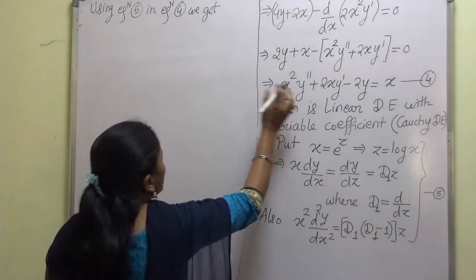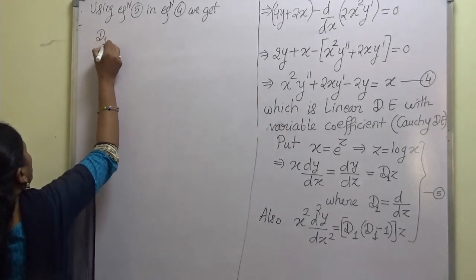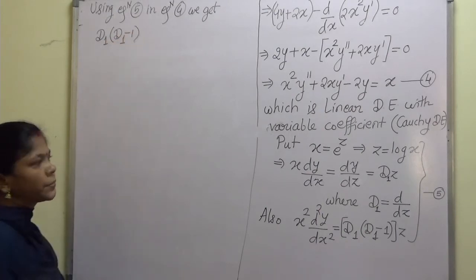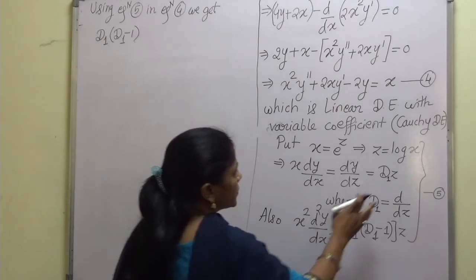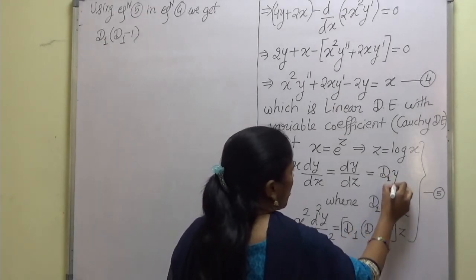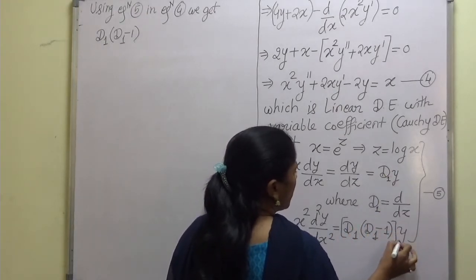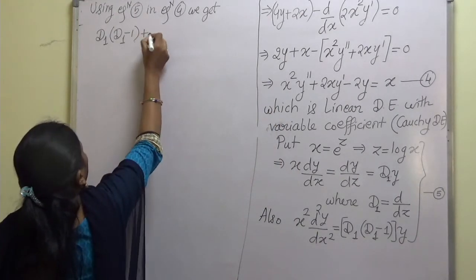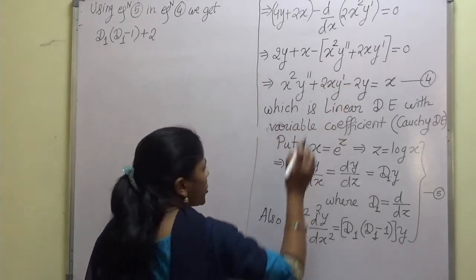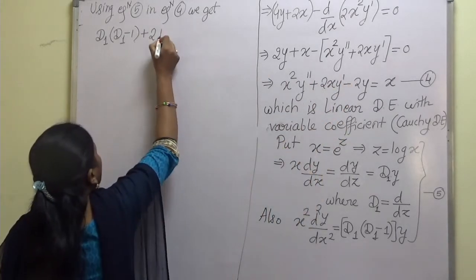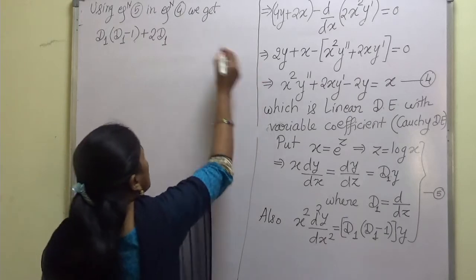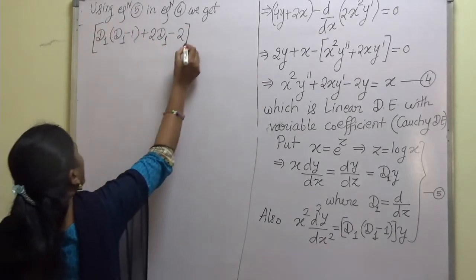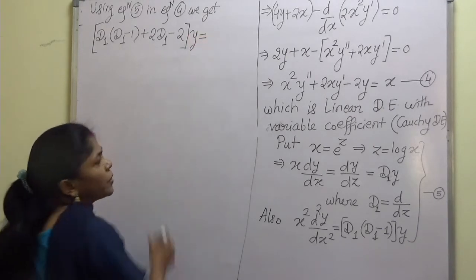So this is nothing but D1 into D1 minus 1 operating on y, then plus 2 x y dash, that is D1, then minus 2, all these operating on y is equal to x.